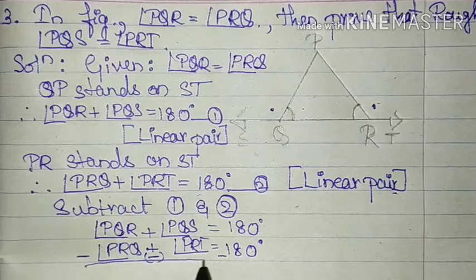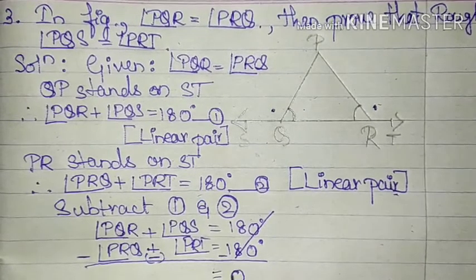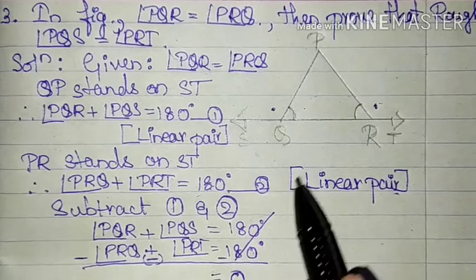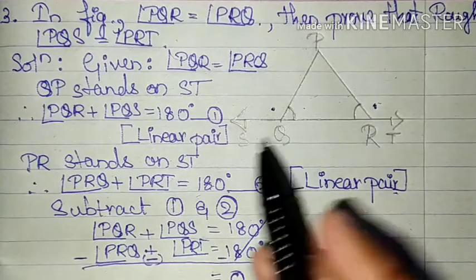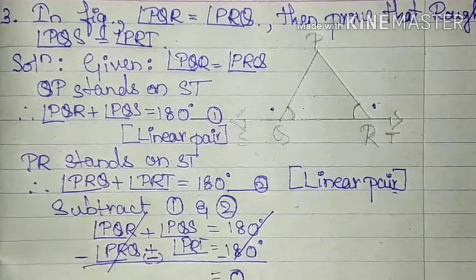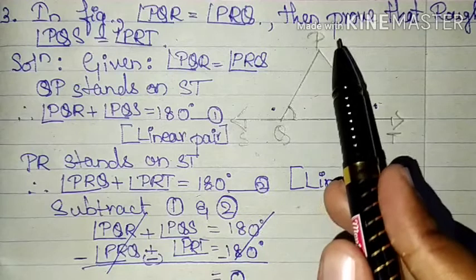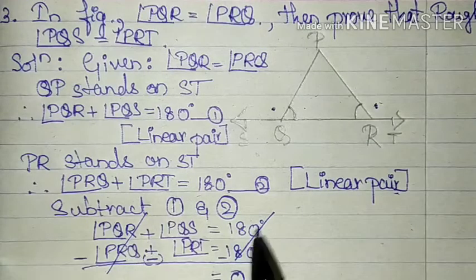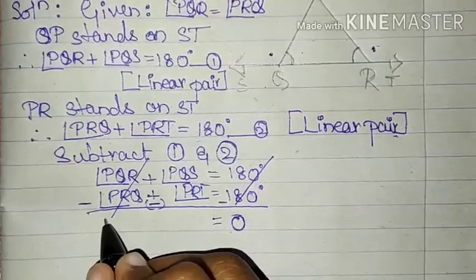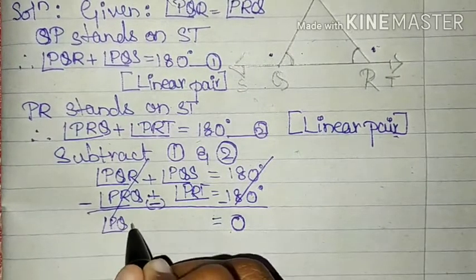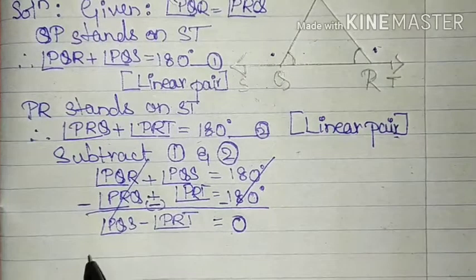So 180 minus 180, we will get a 0 here. Angle PQR, we know that angle PQR is equal to angle PRQ. So this cancels out. Now we have angle PQS minus angle PRT. So write it down. Angle PQS minus angle PRT is what is remaining.